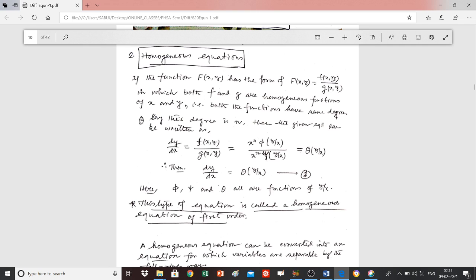But in this case there are two variables in this function and also in this function. So this is somewhat different from what we learned in our previous class.